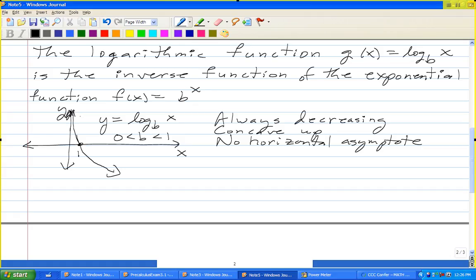But it does have a vertical asymptote. It goes straight up. The vertical asymptote is x equals 0. So the y-axis. No y-intercept.